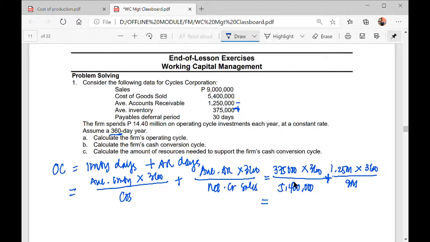How many days is our inventory? What is our inventory conversion period? How much? Hello? Are you still there? Kindly prepare your calculators because this is a problem solving activity. What is our inventory days? If nobody answers, I will call someone.